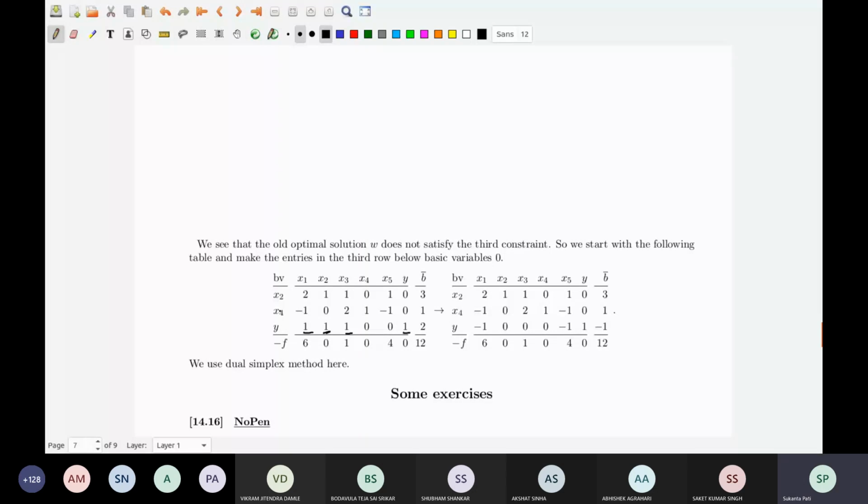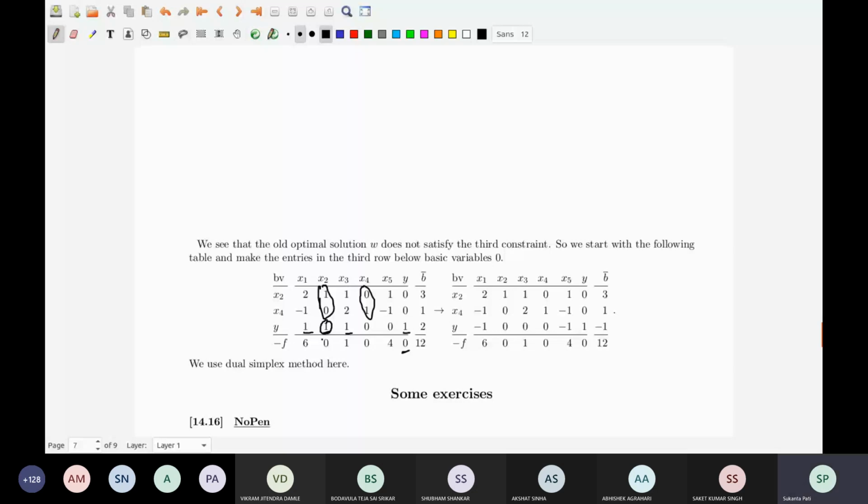X2 was giving 1, 0. X4 was giving 0, 1. So I have kept them as such. Now this is 0, 0, 1. So I will have to change this particular 1 to 0. This 0 is already 0, so I don't have a problem. This entry is anyway 0. The only thing that I am going to change is this entry.